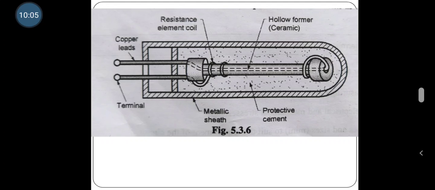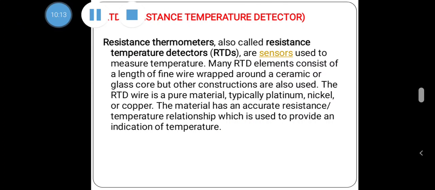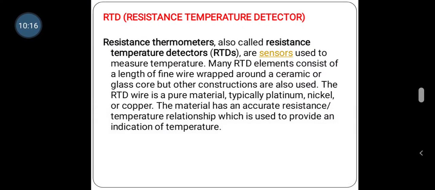Now इसके यूज़ कहाँ पे, ये हम देखते हैं. Now the uses. Metallic resistance thermometers are suitable for industrial temperature measurement as well as for laboratory purposes.